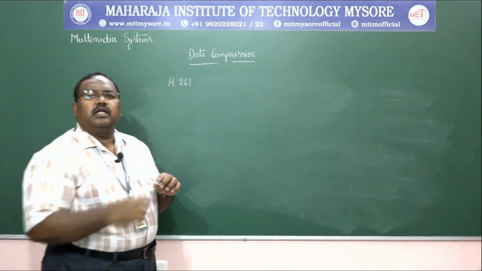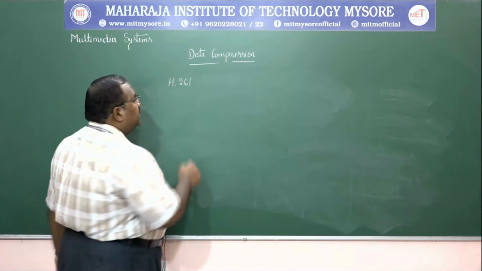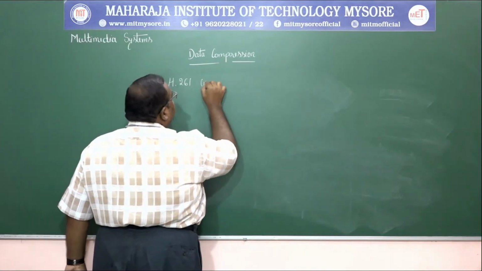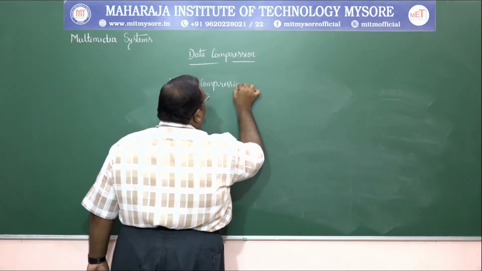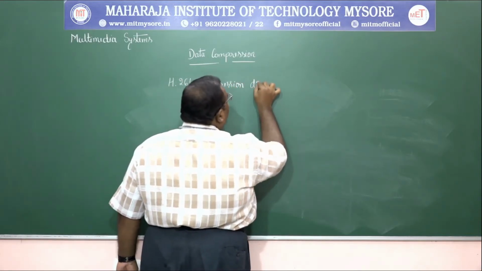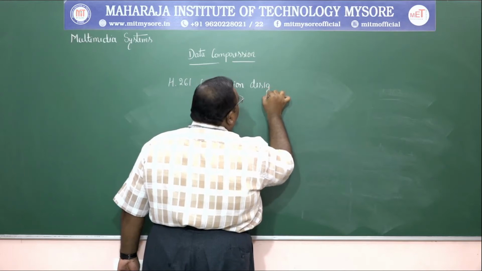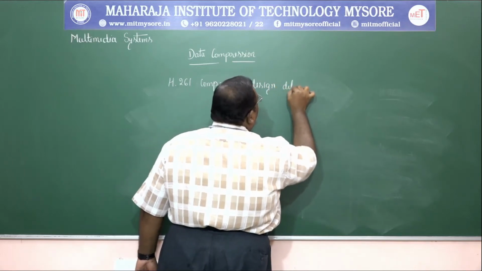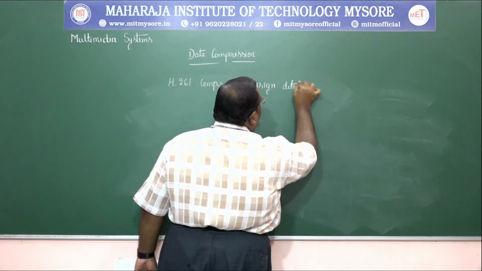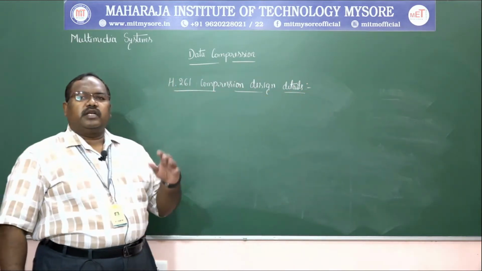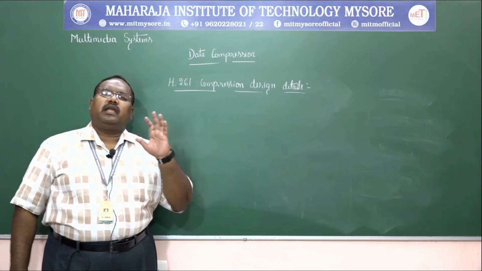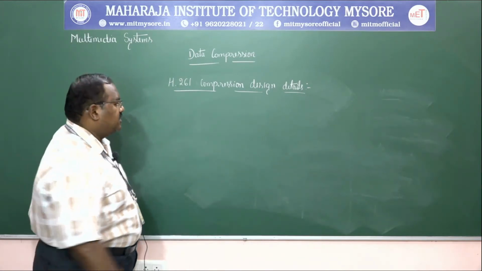Next we look into the design details, that is, the H.261 compression design. When we talk about the design details, it mainly consists of three elements.